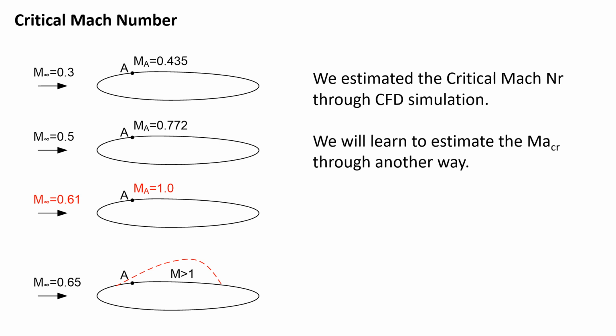So we estimated the critical Mach number through CFD simulation. And today we will learn to estimate the critical Mach number through another way, which is a graphical method. So we use this slide as an introduction.